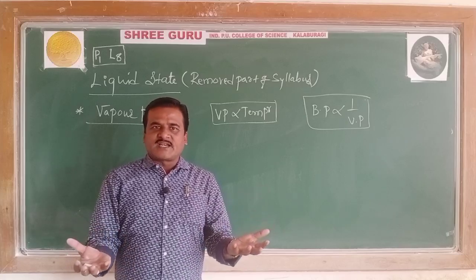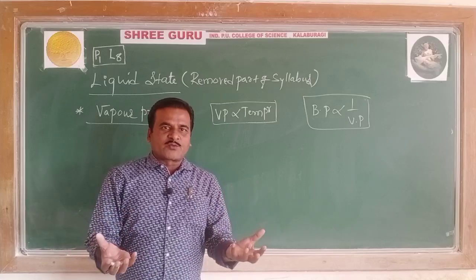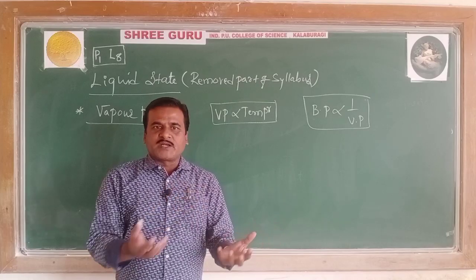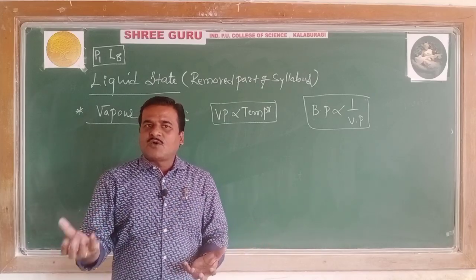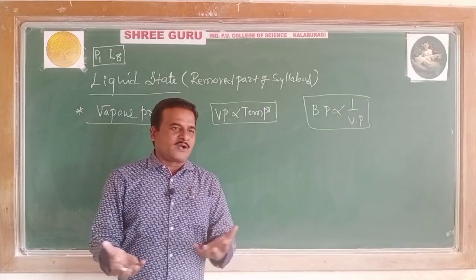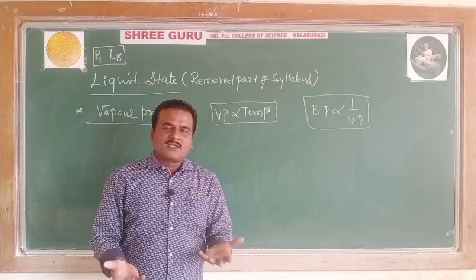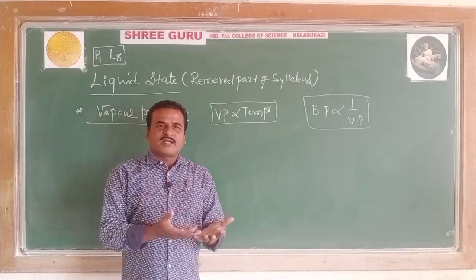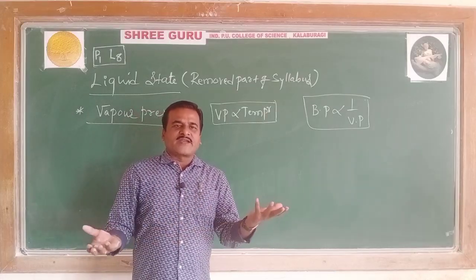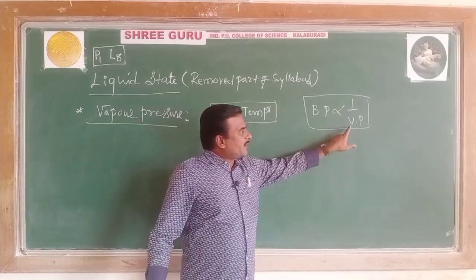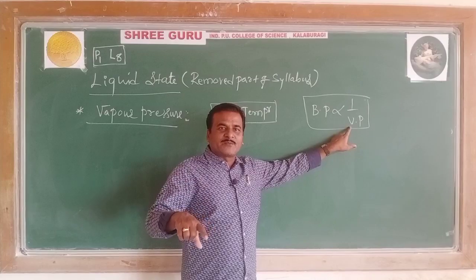In one container I have petrol kept open, in another I have water. Which will evaporate and which beaker will become vacant immediately? It's quite obvious, it's the petrol. The beaker containing the petrol becomes empty. Why? Because the petrol has more vapor pressure at a given temperature.